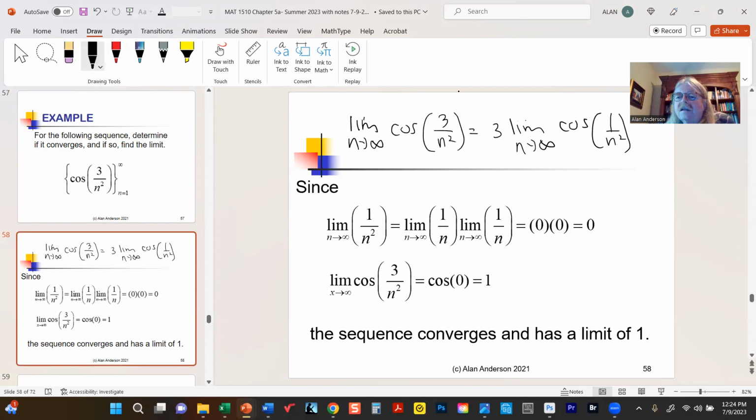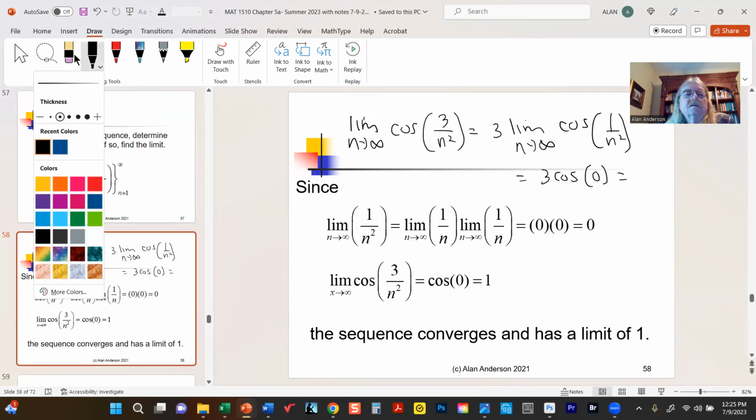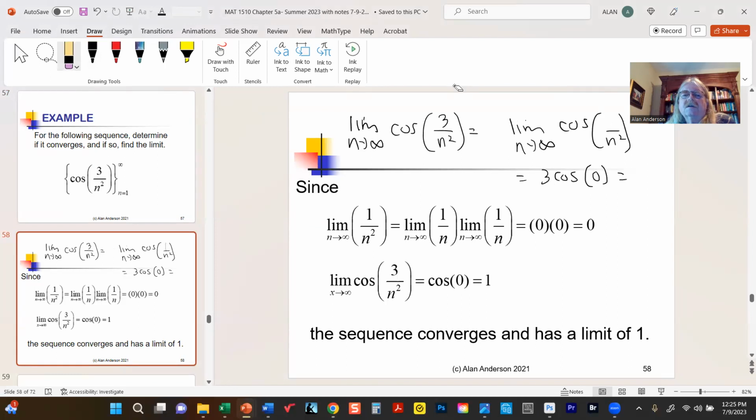As n goes to infinity, this term goes to 0. No, sorry, let's try that again. We do not move the 3 outside. The ratio itself is going to 0. That's the important thing. The limit of this ratio is 0. So we have the cosine of 0, and that's where this is coming from.